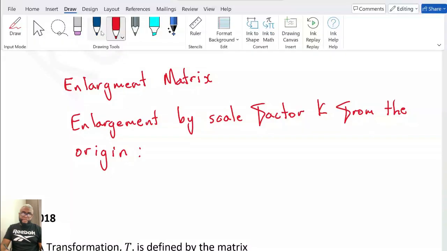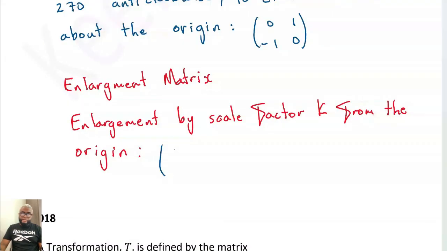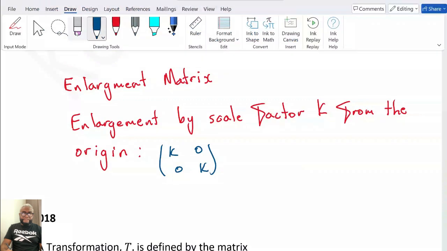This will be k, 0, 0, k. Whatever the enlargement is, k would be the number that takes this place here.